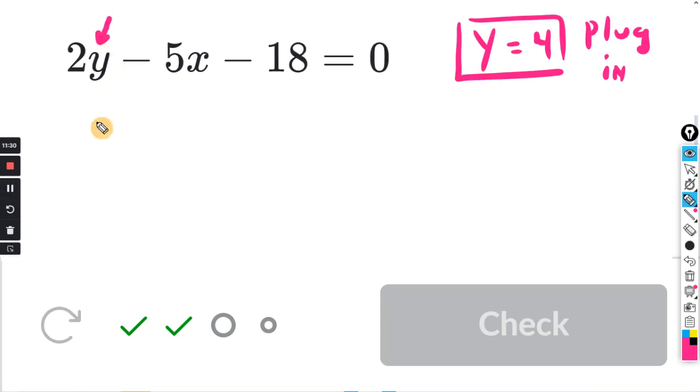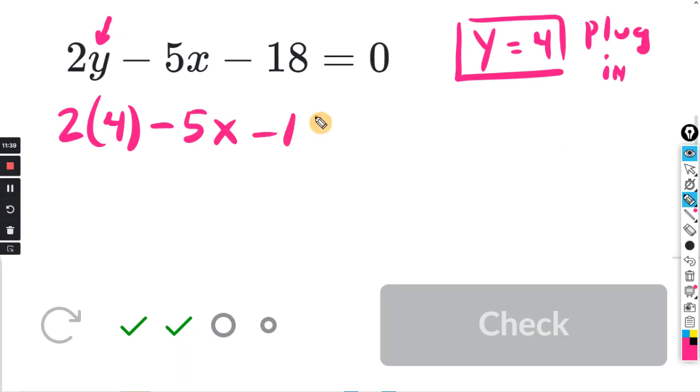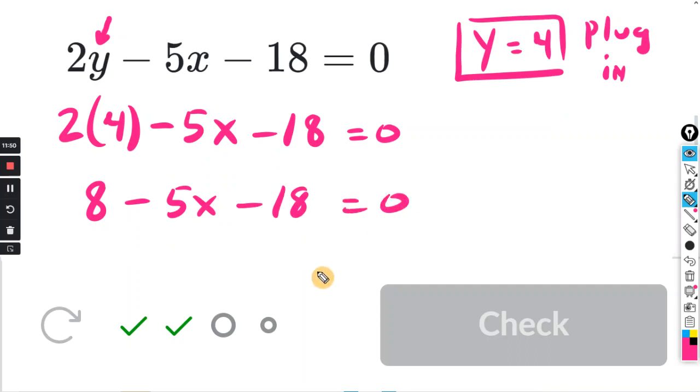That goes right in there. So we're going to do 2 times 4, minus 5x minus 18 equals 0. 2 times 4 is 8. Minus 5x minus 18 equals 0.